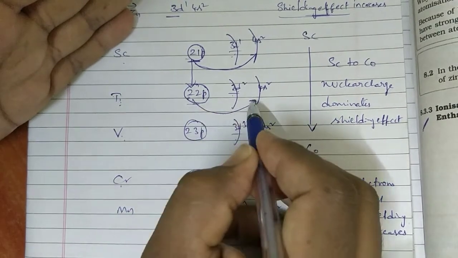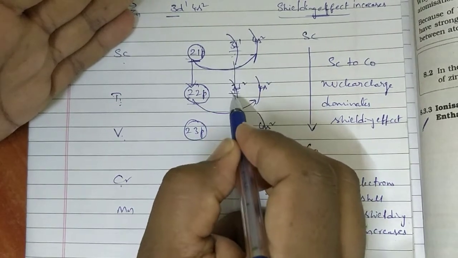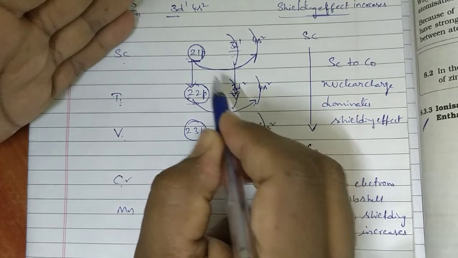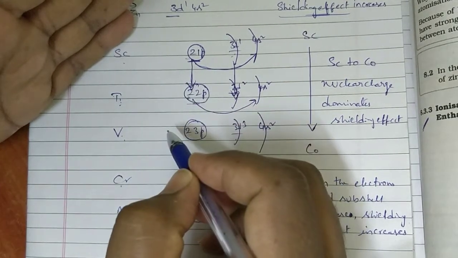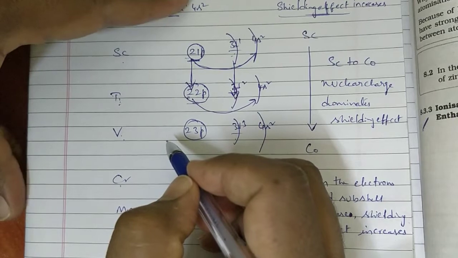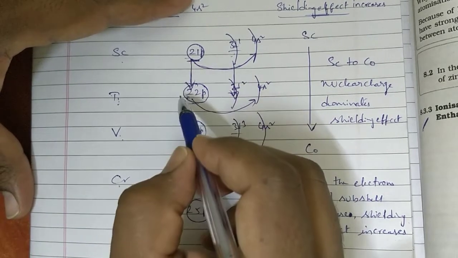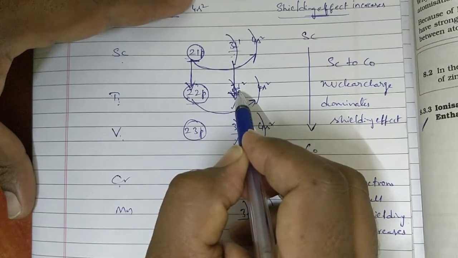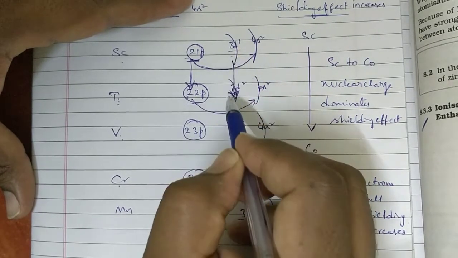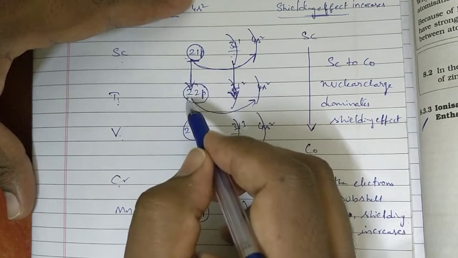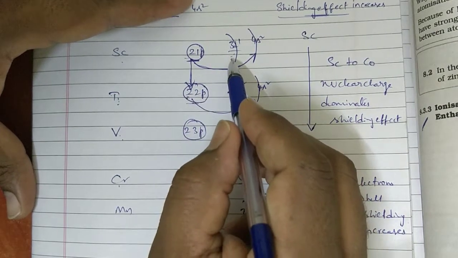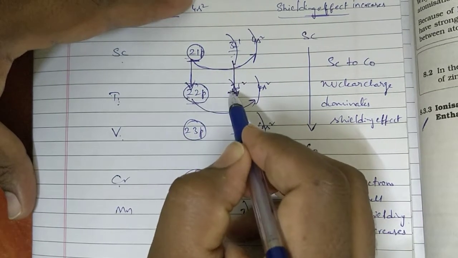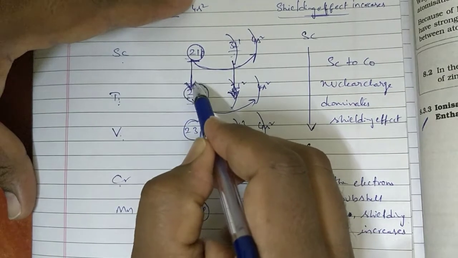From scandium to titanium, increasing shielding effect is dominated by increase in nuclear charge. Slowly I am telling you, observe carefully. Actually, shielding effect is increased, nuclear charge is also increased. Increase in shielding effect is dominated by increase in nuclear charge.